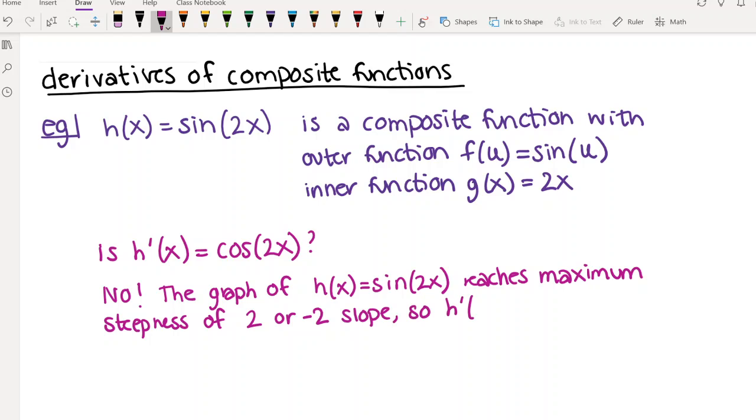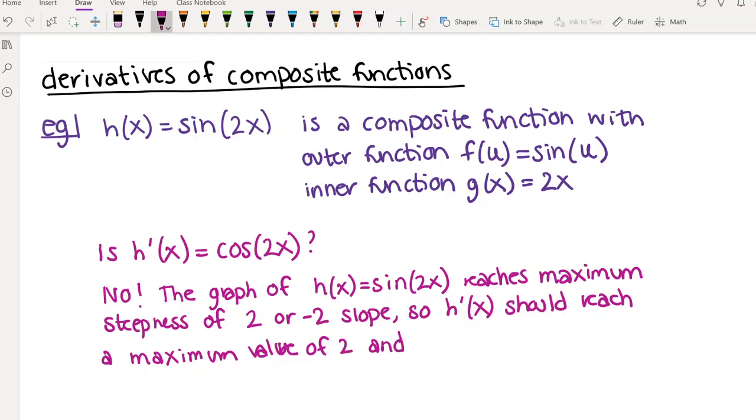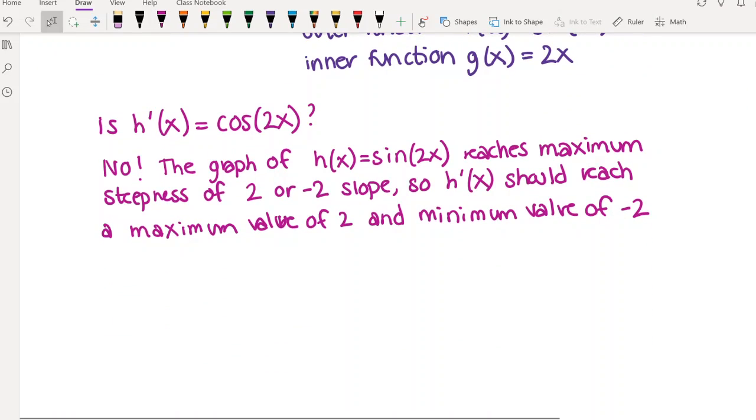So h prime of x should reach a maximum value of 2 and minimum value of -2. So the correct answer here is that h prime of x is equal to 2 times cosine of 2x.